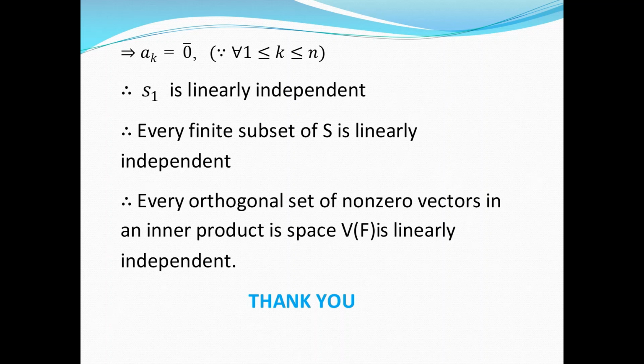So that implies ak is equal to 0. So ak is equal to 0, meaning a1 is 0, a2 is 0, a3 is 0, and so on, an is 0. All scalars are 0. Therefore S1 is a linearly independent set.